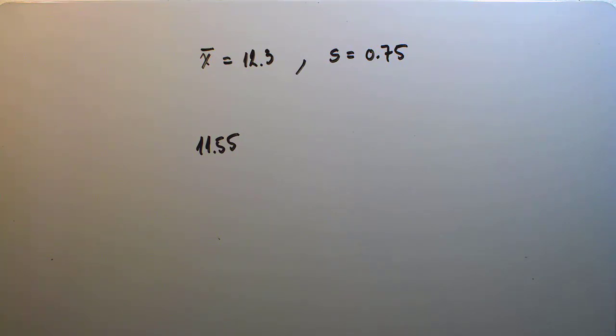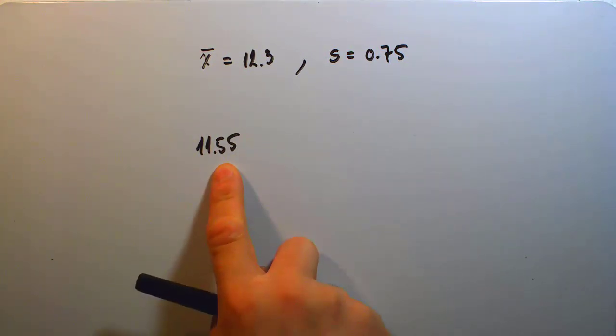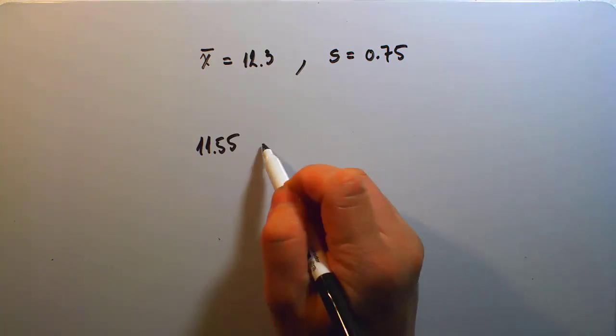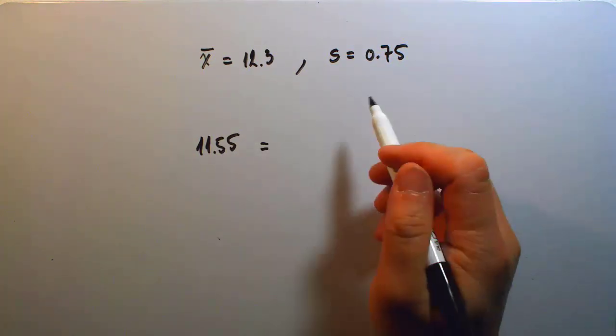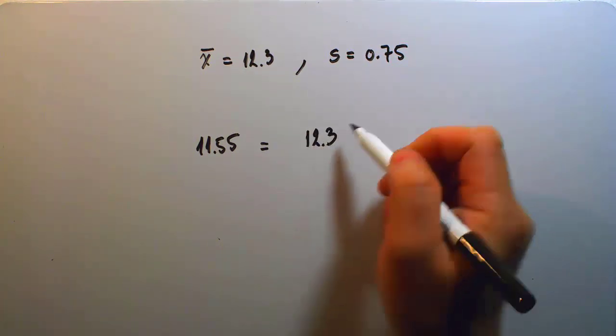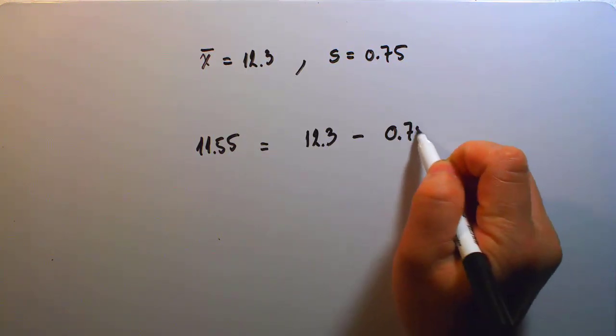So let's do similar work to find what relates the low end and the high end to these values. Experience tells us that 11.55 is exactly 12.3, the mean, minus 1 times 0.75.